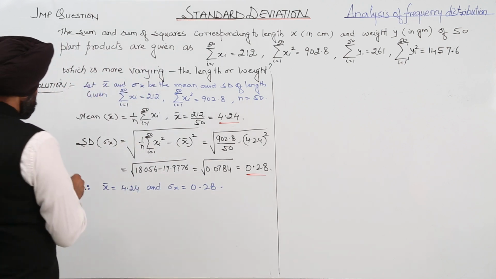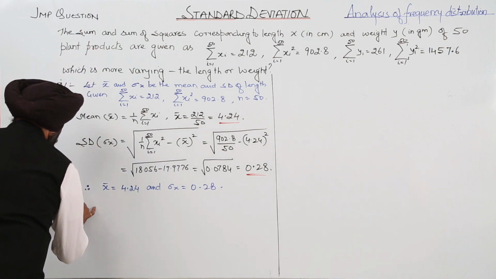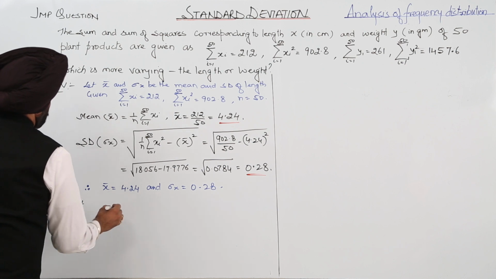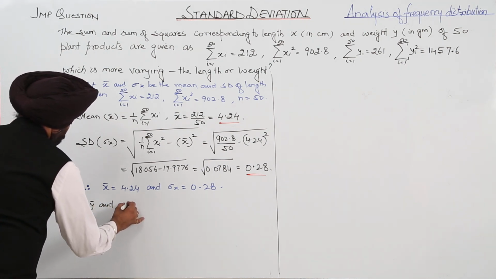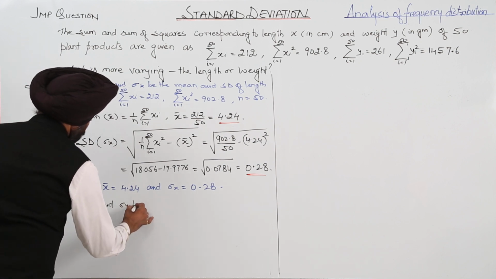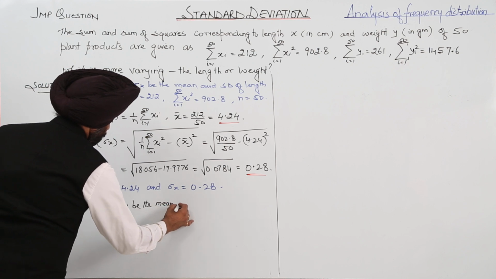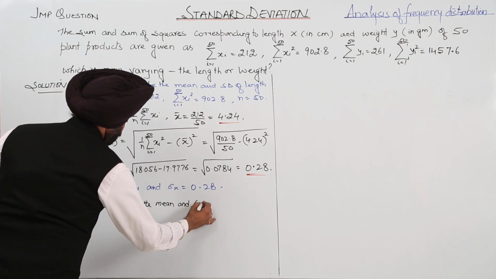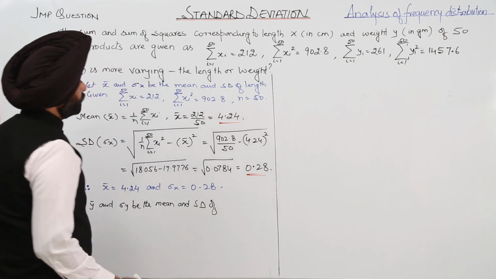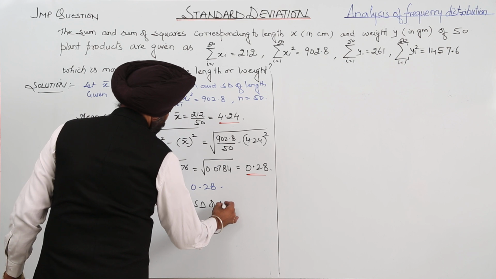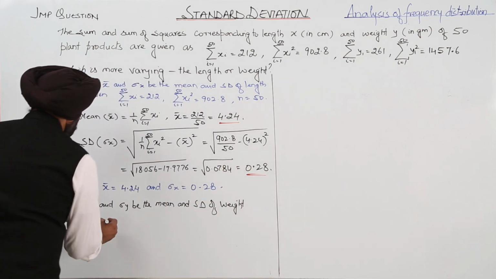Now let y bar and sigma y be the mean and standard deviation of weight. Now what is given to us?